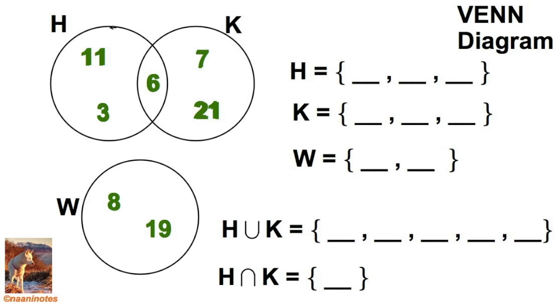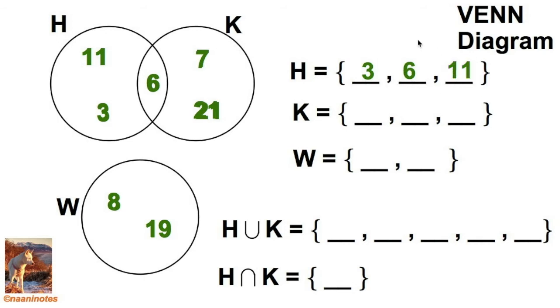So set H is over here. If I want to list the elements of H in ascending order, I'm going to put the 3, and I'm going to follow that with the 6. And you will have to do them in that order if you are asked to.